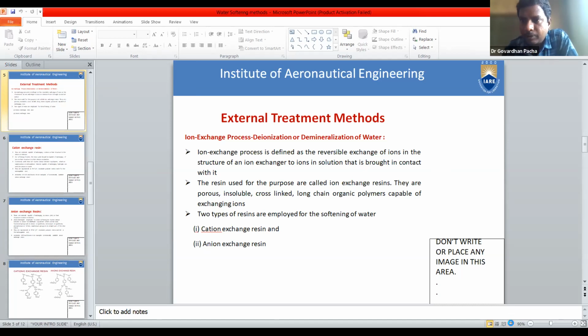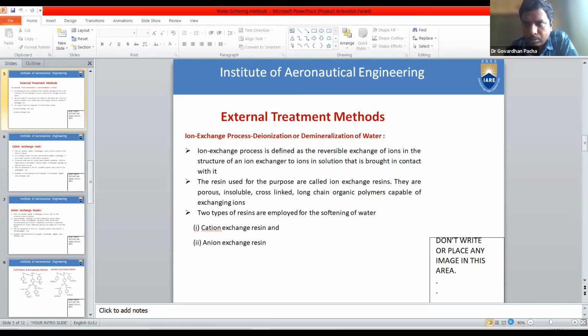What are the alternative names for the ion exchange process?